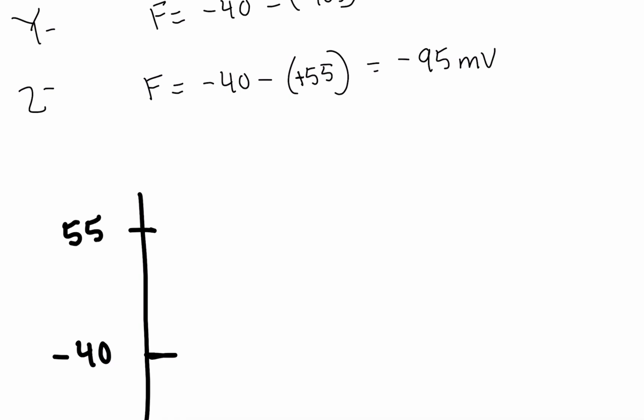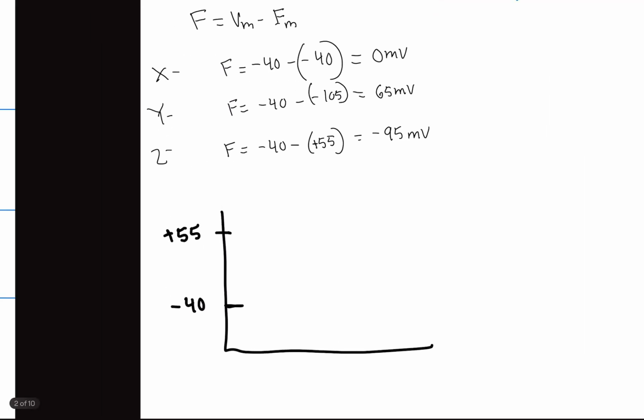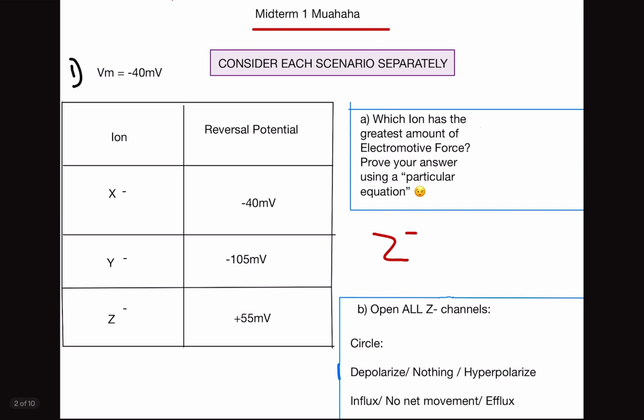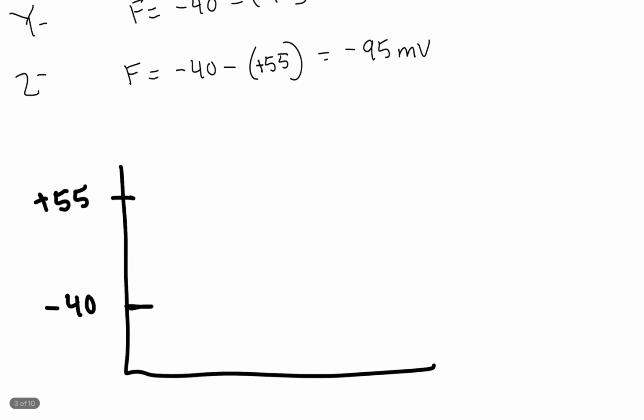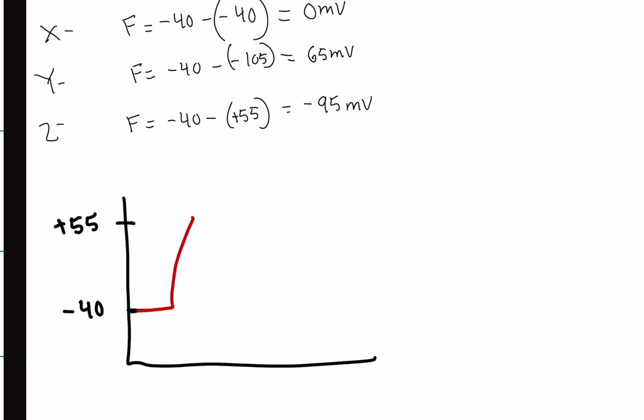We don't care about the other ions, because they're closed. We open all Z channels. X and Y, they're closed. Only the Z ones are open, so that's all we care about. We start at negative 40, and then we open everything up, and we go all the way to 55.